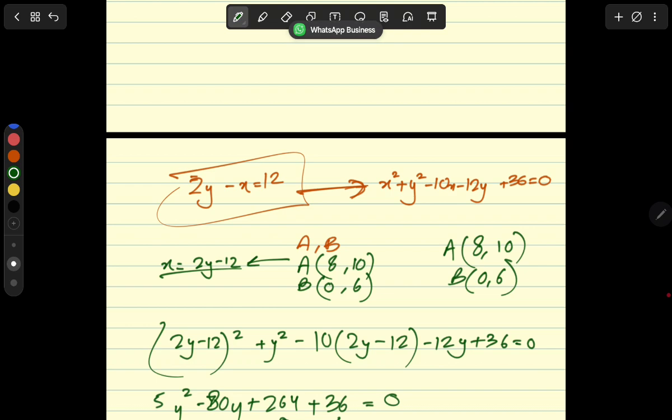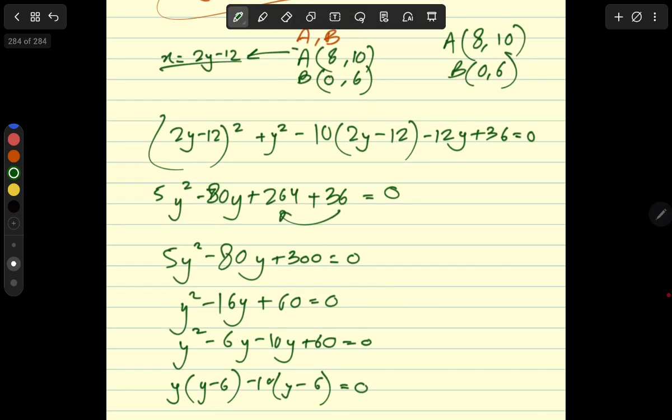The second question is to find the equation of the perpendicular bisector of AB. The midpoint of AB is going to be the averages of the x and y coordinates, so (4, 8).